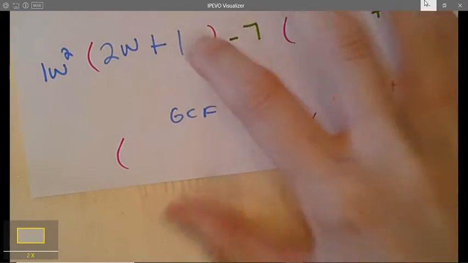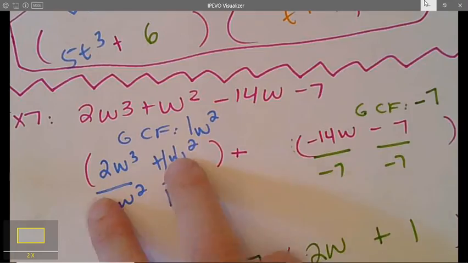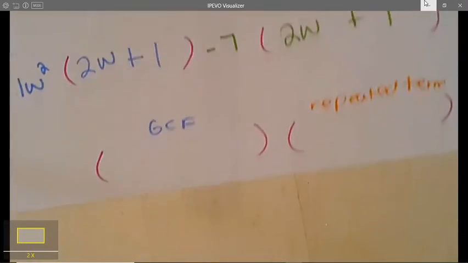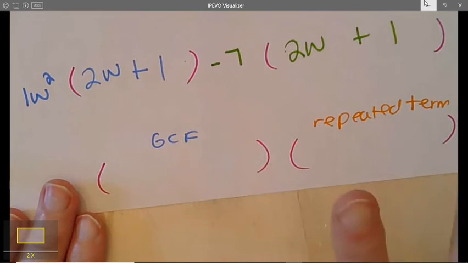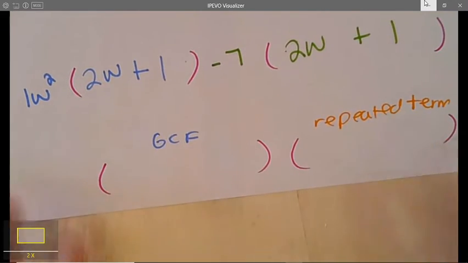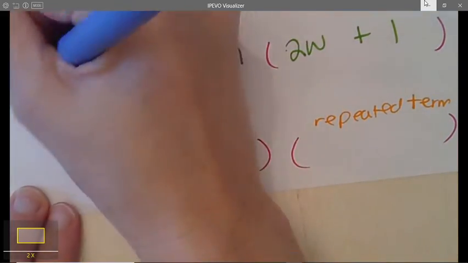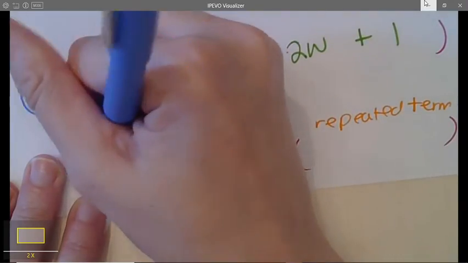So, for your final answer, after you factor out the GCF of the first two terms and the last two terms, all you have to do at the very end is group together the GCFs and group together the factor or the term that repeated. And then you're done. My two GCFs are these right here. I have a 1w squared or a w squared, however you want to write that.